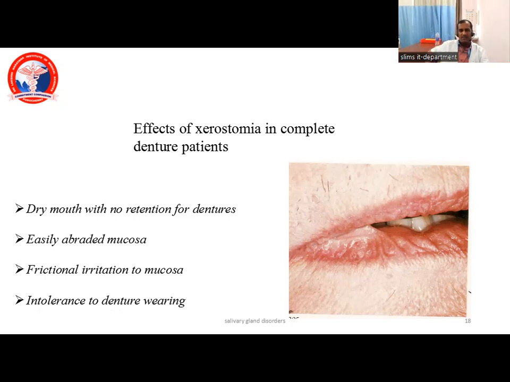That means there will be complete dryness, no retention for the denture, and difficulty in using it. The patient won't have tolerance, there will be irritation to the mucosa, and mouth ulcers will be common. Painful mastication, and it is very difficult to wear the dentures.